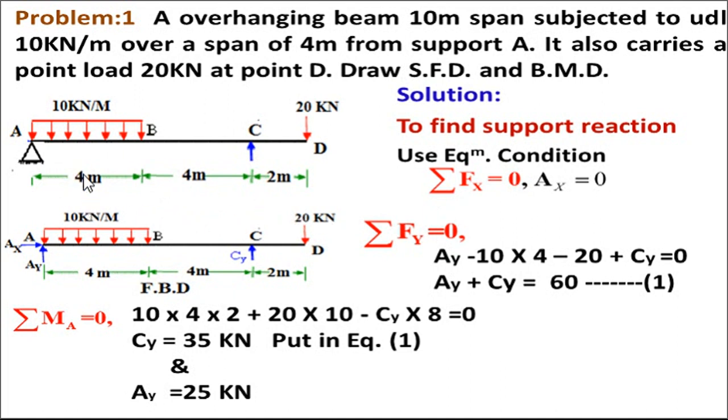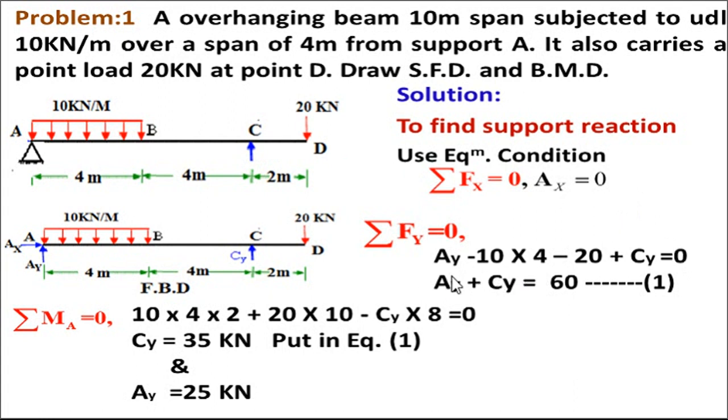At A there is a vertical reaction Ay in the upward direction, that's why it is taken positive, minus UDL 10 kN over the span 4 meter, that's why it is taken 10 into 4, minus because it is in the downward direction, again minus 20 kN at D, and at C there is a reaction in the upward direction, that reaction is Cy. So plus Cy is equal to 0.